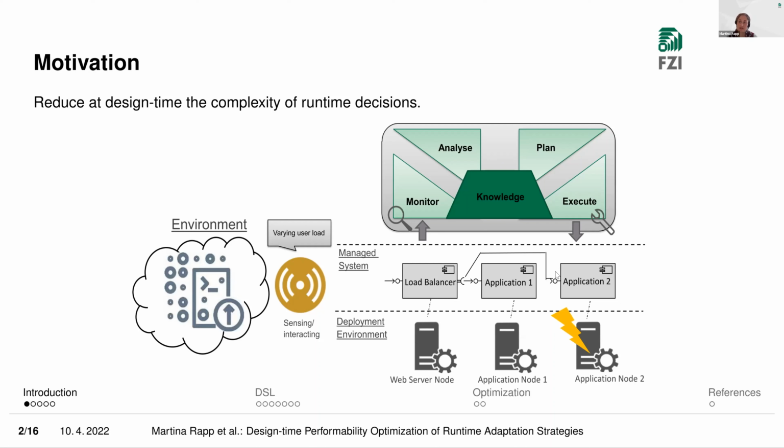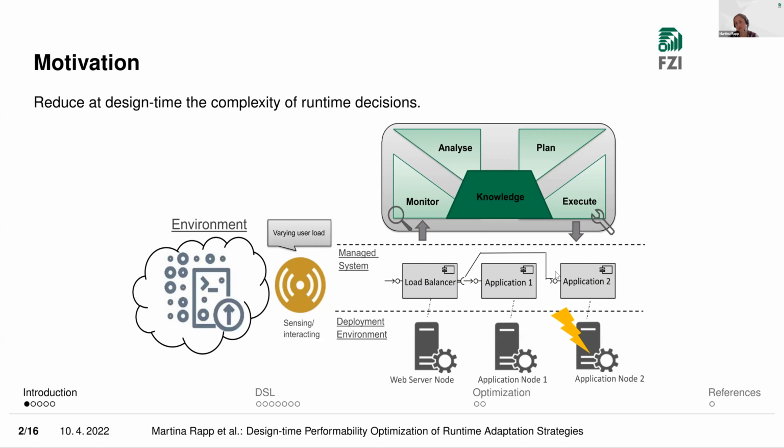Generally, this problem is addressed at runtime, where uncertainties are resolved by collecting runtime data. But it's also desirable to be able to make architectural decisions for adaptation strategies at design time. So we think that design time analysis and optimization helps to explore and identify possible candidates of adaptation strategies.